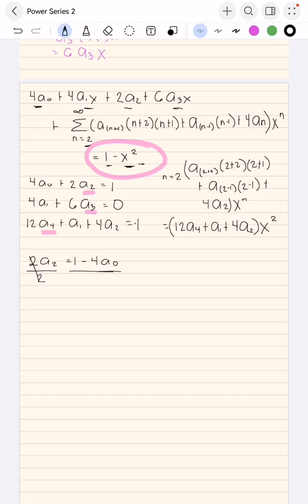That this would be a2 is equals to 1/2 minus 2a0.